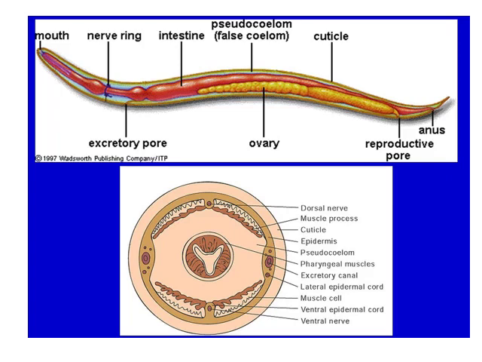In the lower diagram you can see the cross section of this animal, showing the dorsal nerve, muscle process, cuticle, epidermis, pseudocoelom, pharyngeal muscles, excretory canal, lateral epidermal cord, muscle cells, ventral epidermal cord, and ventral nerve. So there is a complete structure, and you can see there is no mesentery and no peritoneal lining.